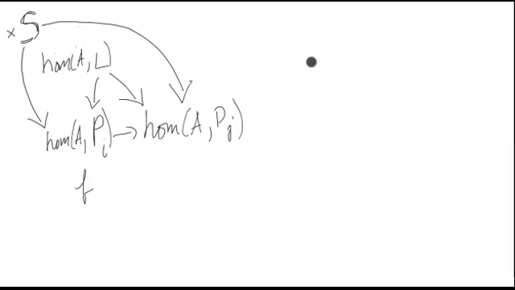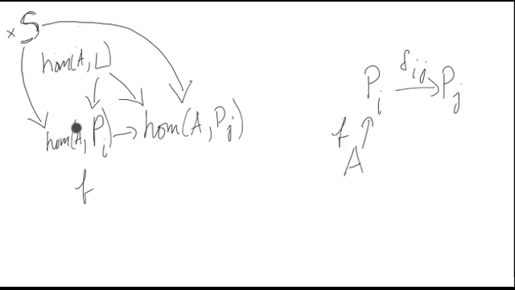morphisms as well. So suppose in the original commutative diagram, we have a map from Pi to Pj. Suppose it's like delta ij. Now we take F, which is a morphism from A to Pi. So where is it sent in this map of Homs?